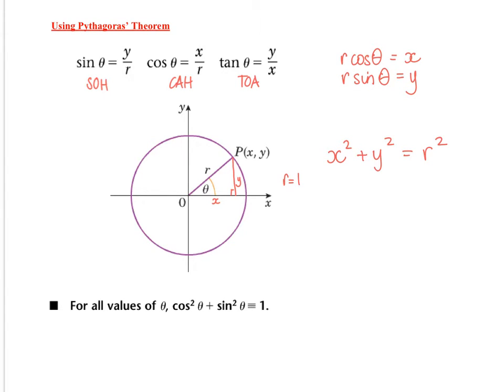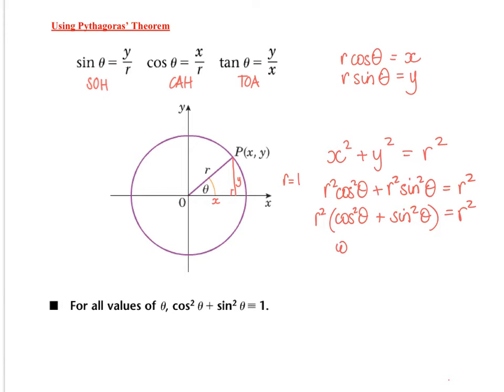So if we put that into Pythagoras' theorem, we get x squared, which is r squared cos squared theta, plus y squared, which is r squared sine squared theta, is equal to r squared. So if we take out the common factor of r squared, cos squared theta plus sine squared theta equals r squared.